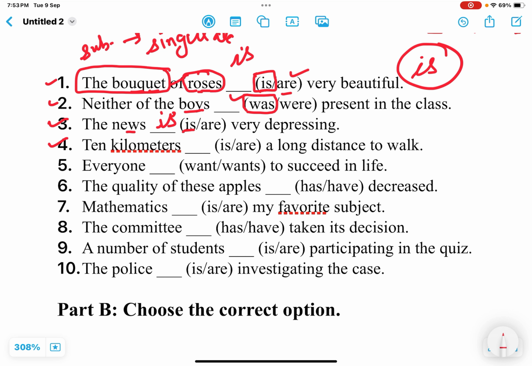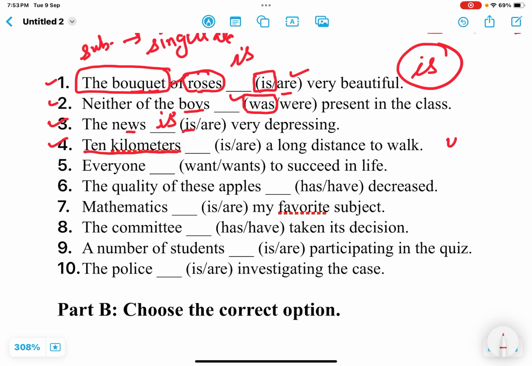Next one, the 10 kilometers dash a long distance to walk. Here what rule is applicable? Unit of distance, unit of money, and unit of time are always considered as a singular subject. So here it is 10 kilometers. No doubt 10 is more than 1, so it looks plural.